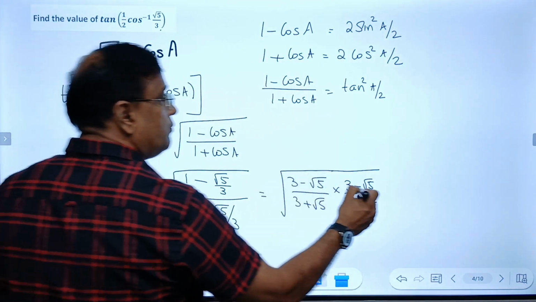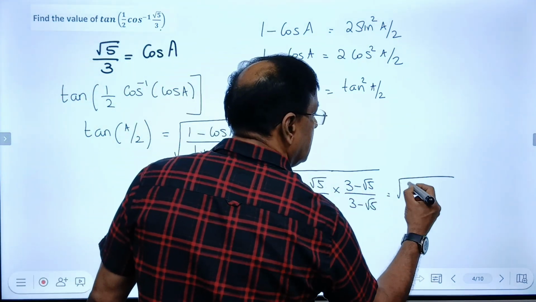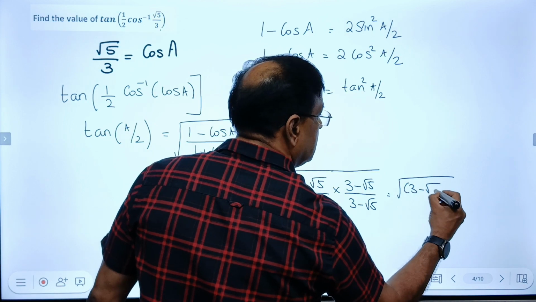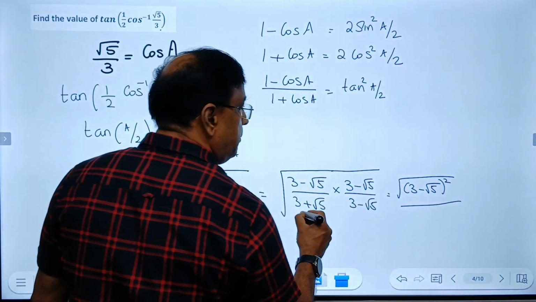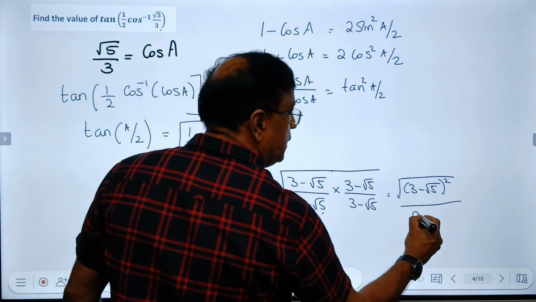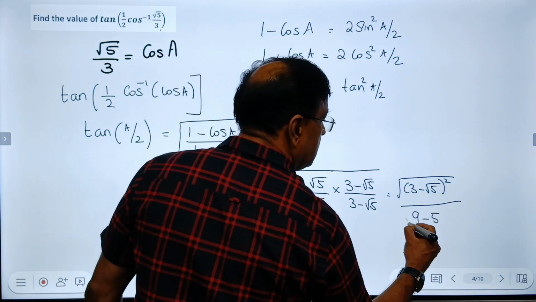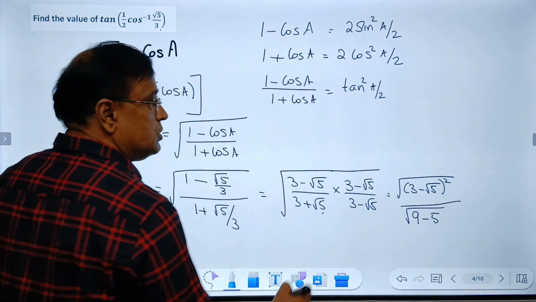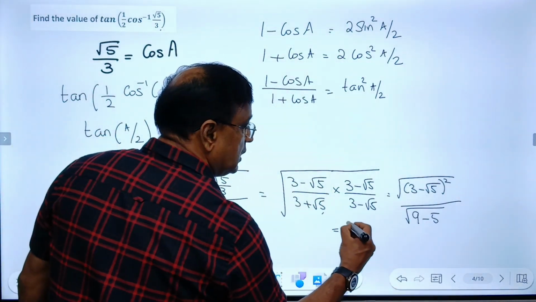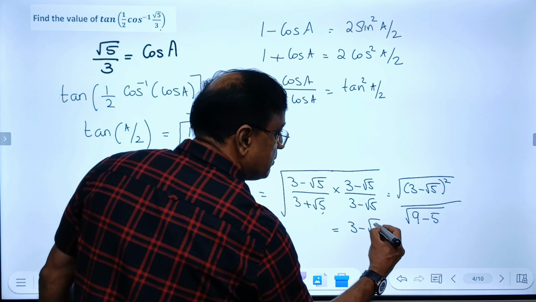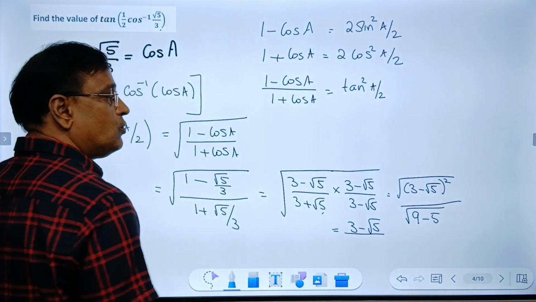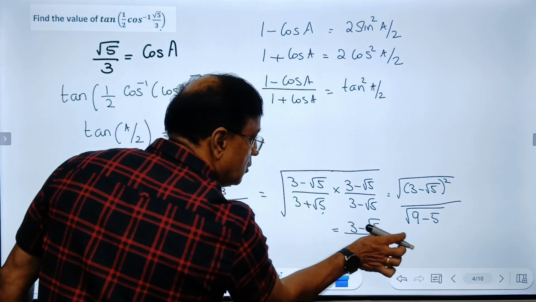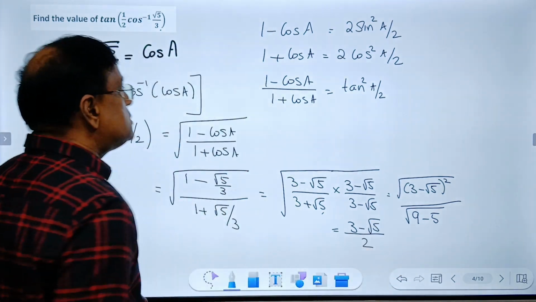Now 3 minus root 5 into 3 minus root 5 will be 3 minus root 5 the whole square, and denominator will be a plus b into a minus b, a square minus b square, all under the square root. Now what is square root of this? This is nothing but 3 minus root 5, because root of x square is x, divided by 9 minus 5 is 4, root of 4 is 2.